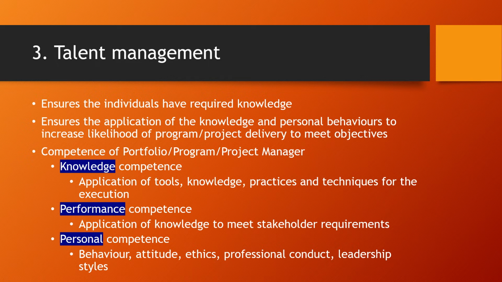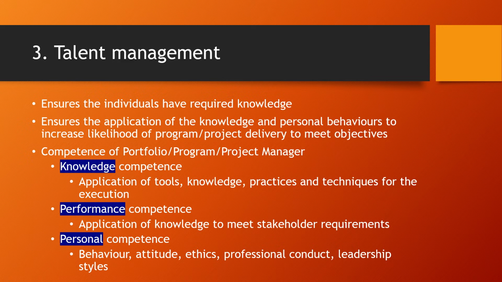It's about application of knowledge and the personal behaviors and leadership styles to increase the likelihood of program and project delivery meeting the objectives, right? So by applying these acquired knowledges, teams should be able to improve the project results. They should deliver results faster, cheaper, and better.